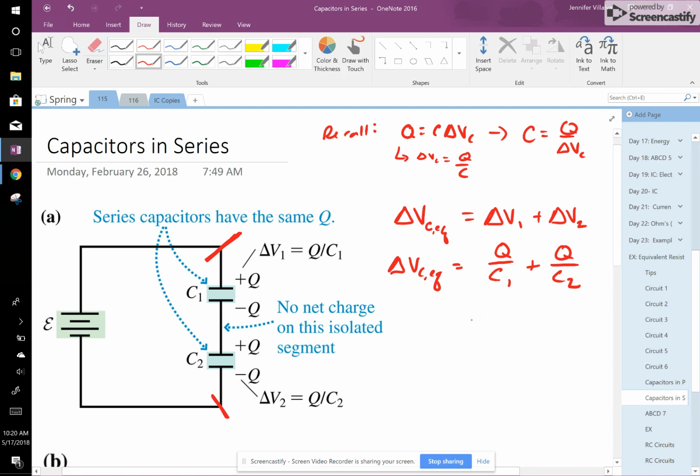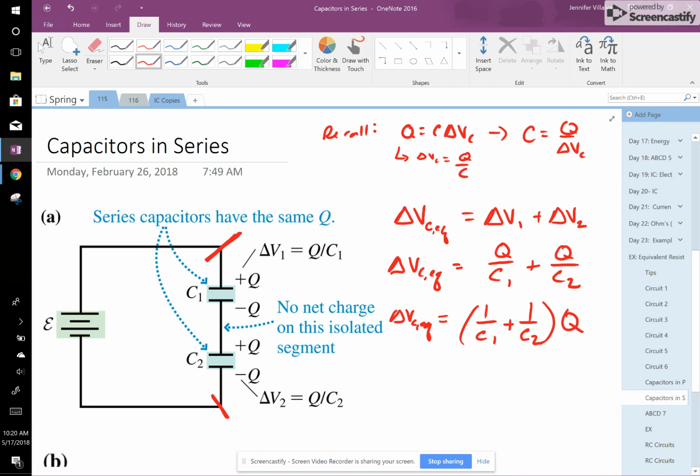They both share the Q value, so if I pull out the Q value, I would have 1 over C1 plus 1 over C2 equals the voltage drop of the equivalent capacitance.